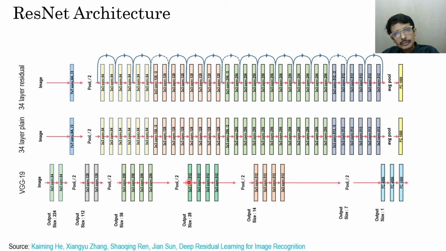Okay, so here you can see VGG19, then the 34 layer plain network and the 34 layer residual network. This is the VGG network with 19 layers, this is a 34 layer plain network, and this is the basic ResNet architecture, going through the pooling layers and the global average pooling, and after this the final layer.